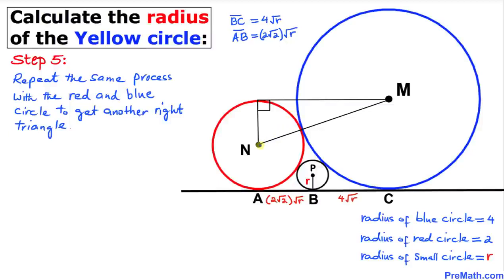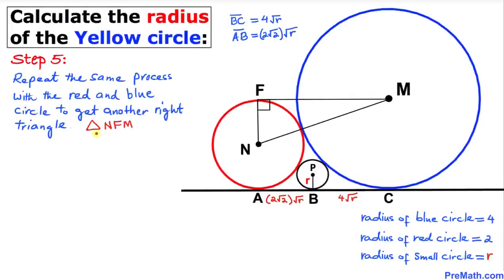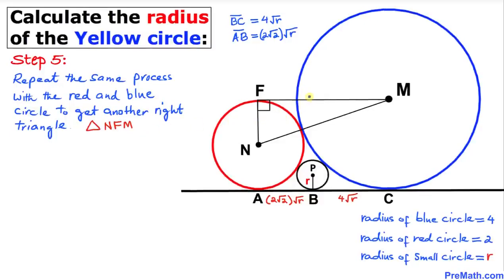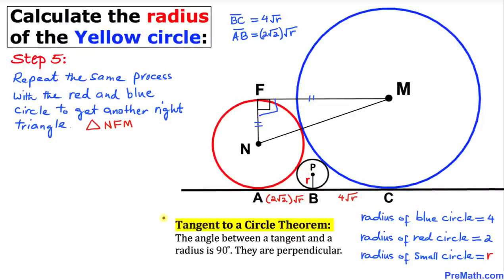As you can see, we first connected N and M, these centers, and over here, somewhere here, I'm going to call this point F. And here we got the triangle NFM, as you can see in this figure, and this tangent FM and this radius NF are perpendicular to each other according to the tangent to a circle theorem. The angle between tangent and a radius is always 90 degrees.